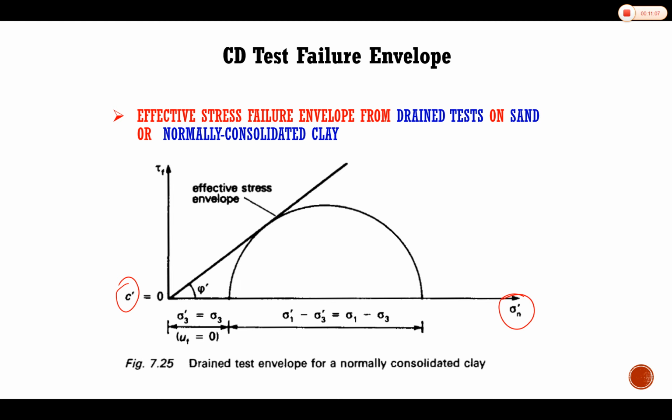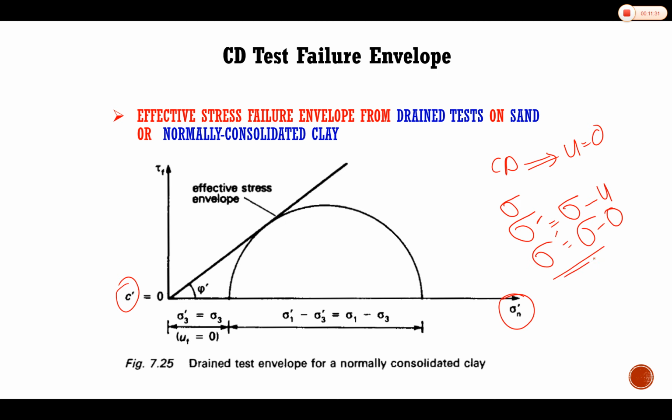Bear in mind that when we are conducting the CD test, at the end of the day U will equal 0. Remember, we have learned about total stress and effective stress. Effective stress equals total stress minus U. So if we have total stress minus U equal to 0, you will have the same value for the effective stress. So the CD test actually gives you the effective stress, shear stress analysis.